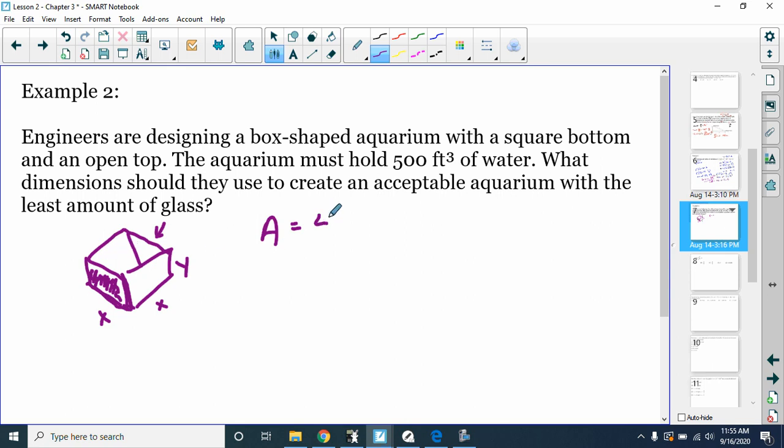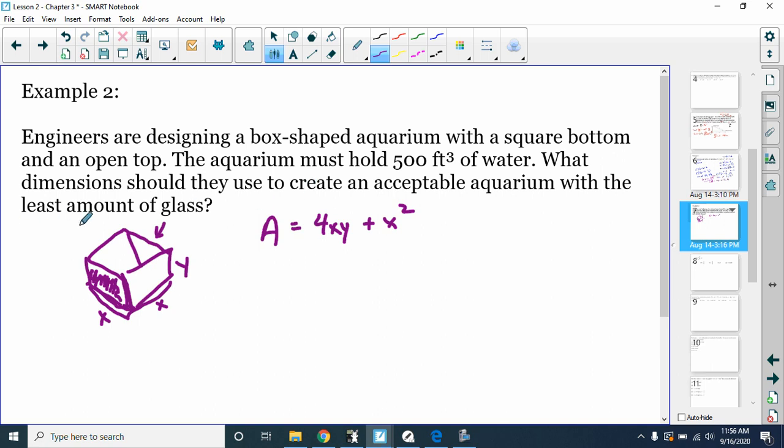I have 4 xy's. The bottom has an area of x times x. And I only have one of those because it says I have an open top. There's no glass on top of this aquarium. So the total amount of glass that I'm going to need is equal to 4xy plus x squared.